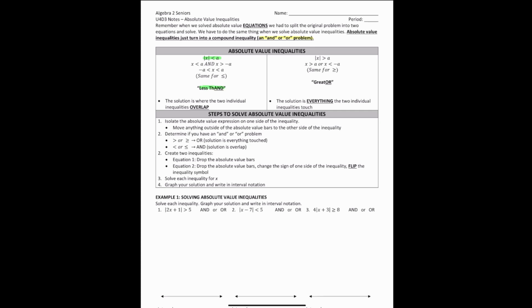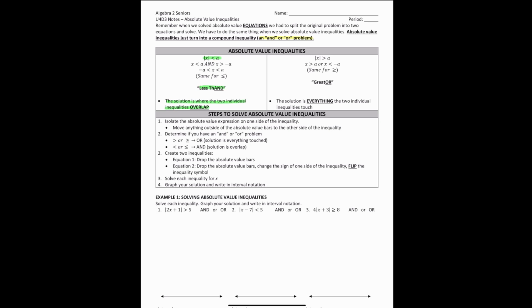So how you remember this is you think "less than." And remember, with "and," the solution is where the two individual inequalities overlap. So basically the intersection between the two inequalities.